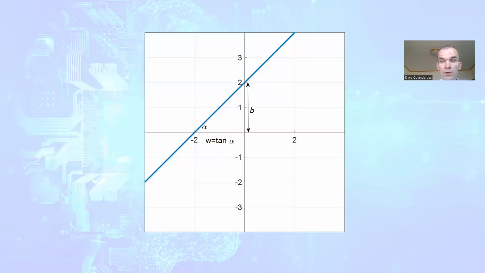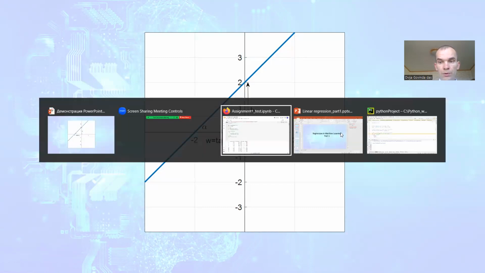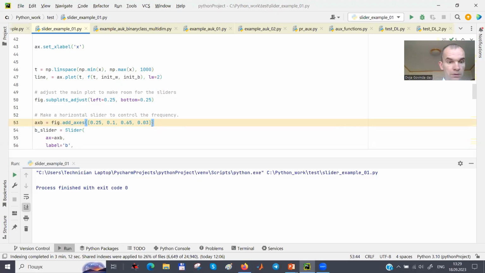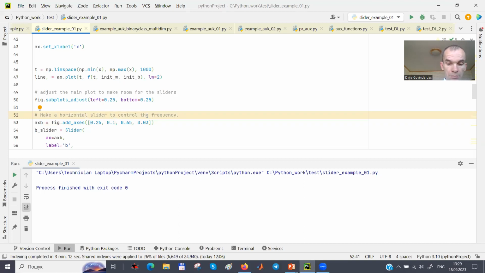Okay, so as we know, this weight coefficient w corresponds to the tangent of the angle formed by the line with the x-axis. We can show this also using this small Python script.